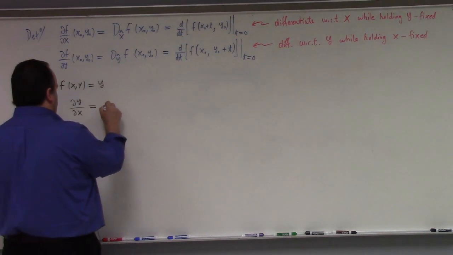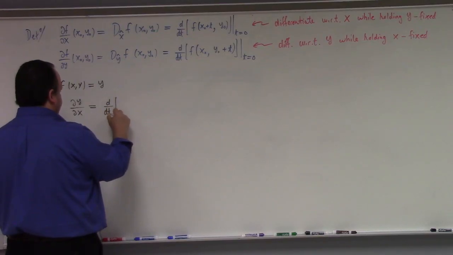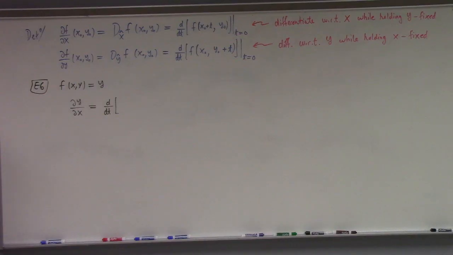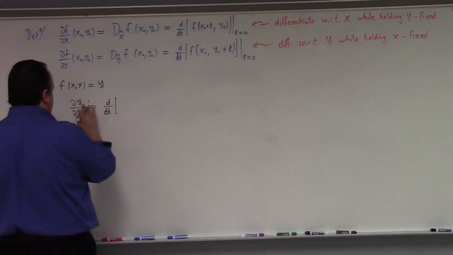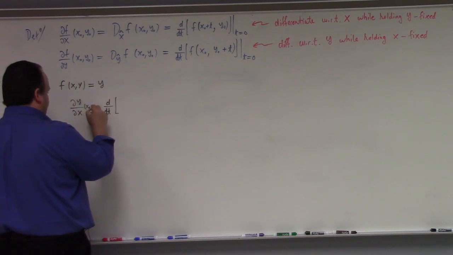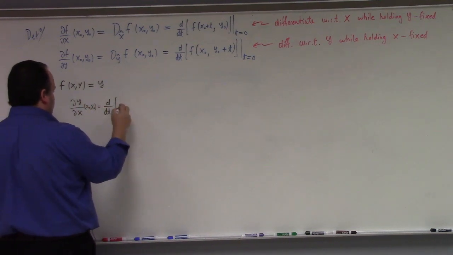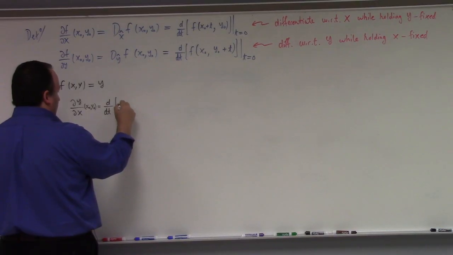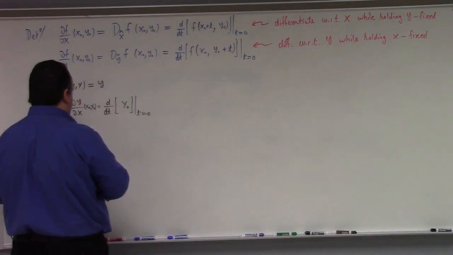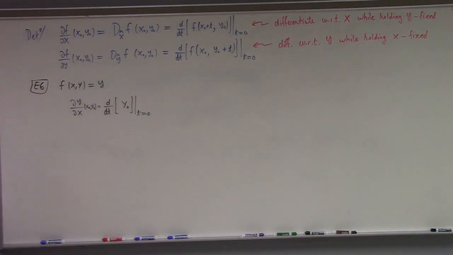So I've got to take d dt of what? Oh, to be clear, I have to put a point in, right? So I'll put the point like I've been doing, x naught, y naught. So I'm supposed to say d dt of y naught, evaluate at t equal to 0. Zero.